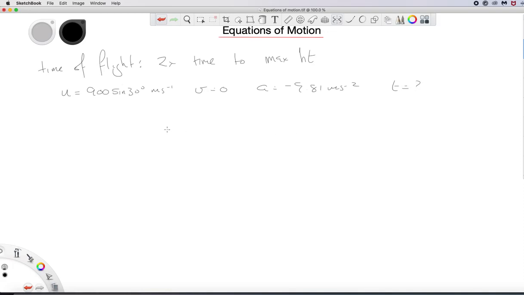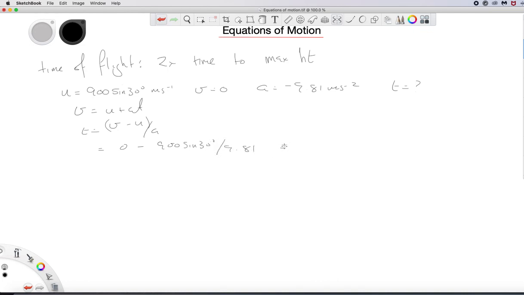So, how about V equals U plus AT? T then is V minus U over A. And that gives us V is 0 minus 900 sine 30 divided by 9.81.